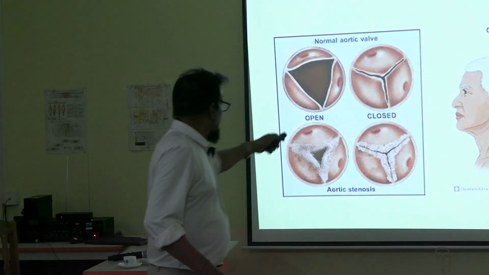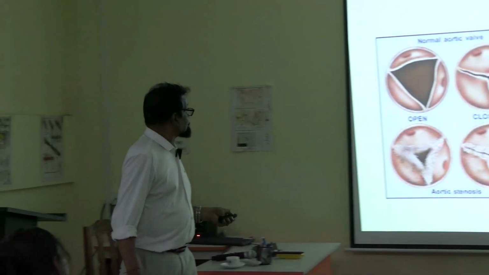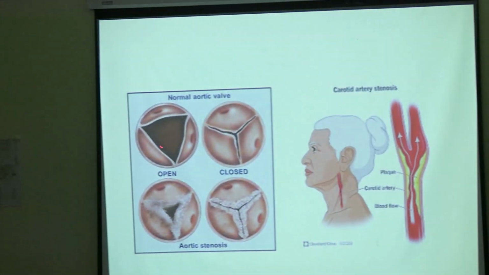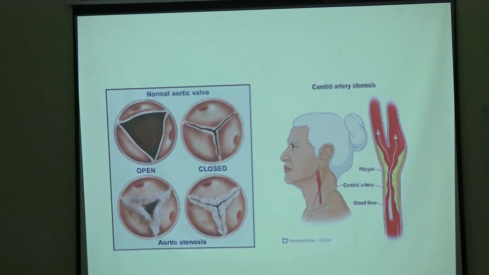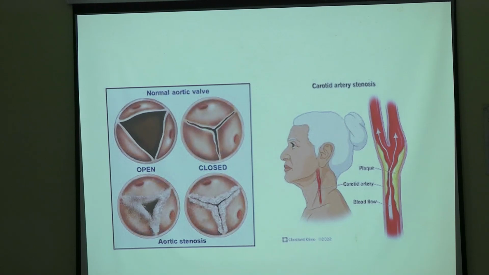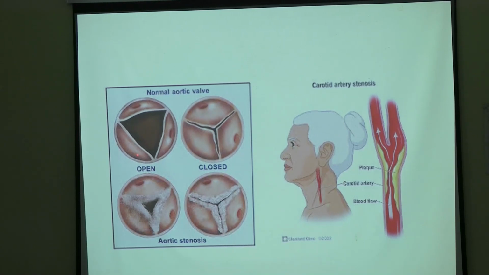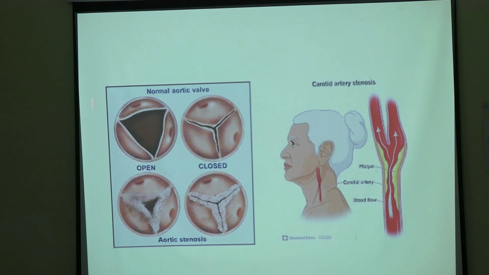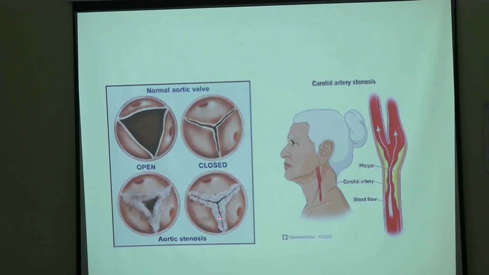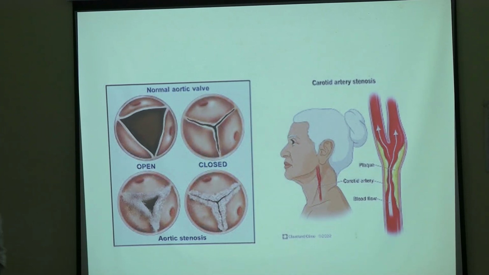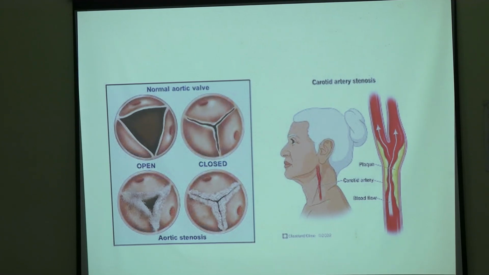See, this is the result. This is a normal valve, semilunar, tricuspid valve. Semilunar valves. This is open, this is closed, opening and closing nicely. But here you see, it is stenosed. By deposition of calcium, they become heavier and shorter.